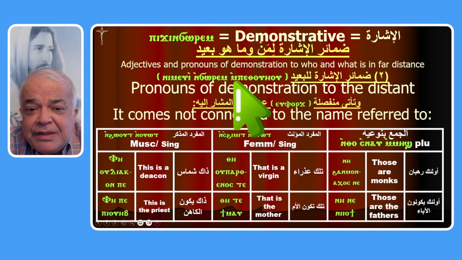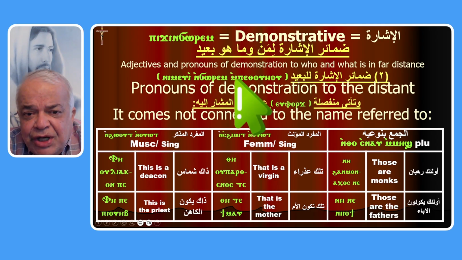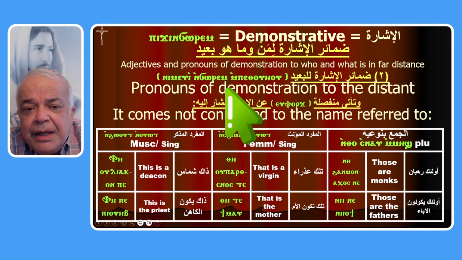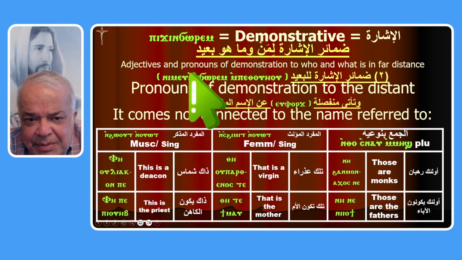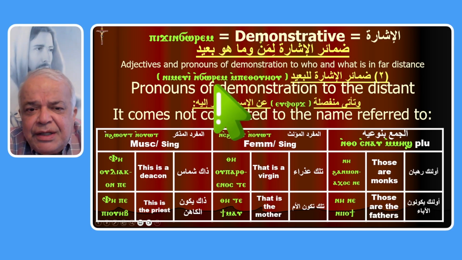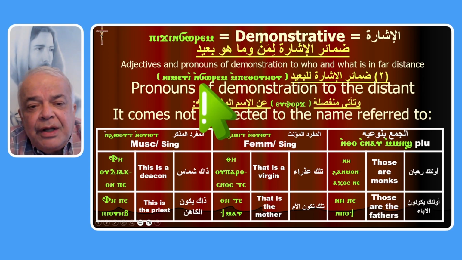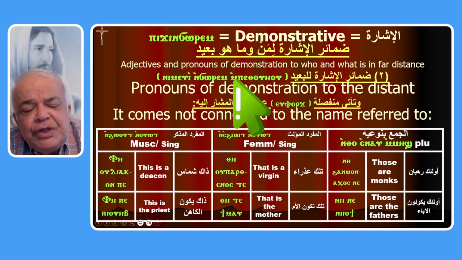So here we notice that p is one of the 6. That's why we changed the nay jenkim into a may jenkim. Instead of this nay jenkim here, it's may jenkim here. Both are 2 articles of demonstration by addition, and they are connected to the words after.